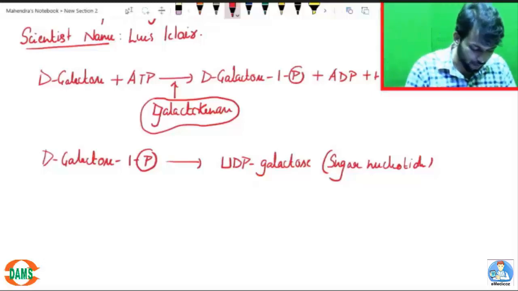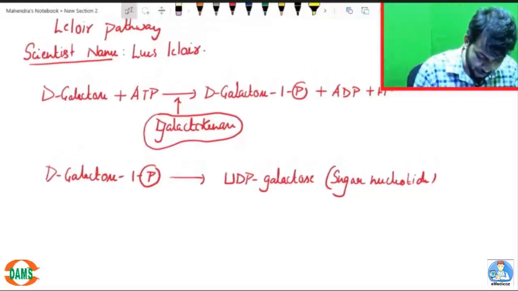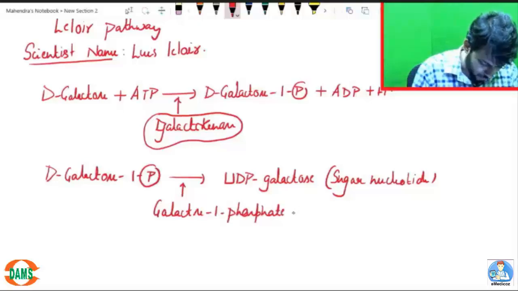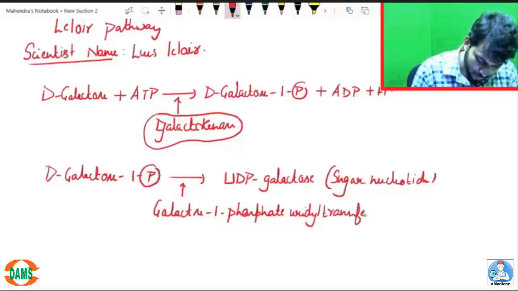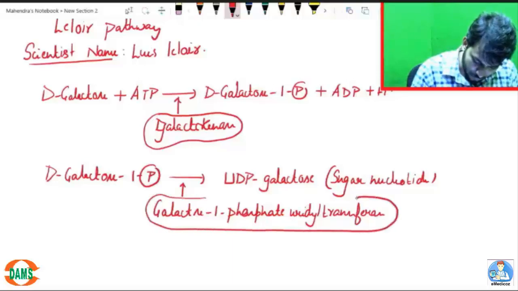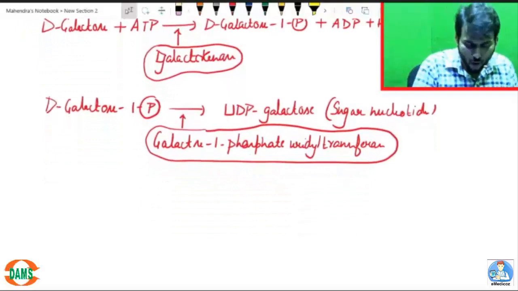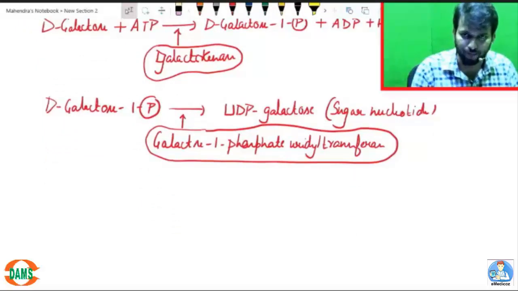So there is a conversion process that takes place under an enzyme named for the substrate, galactose 1-phosphate uridyl transferase.